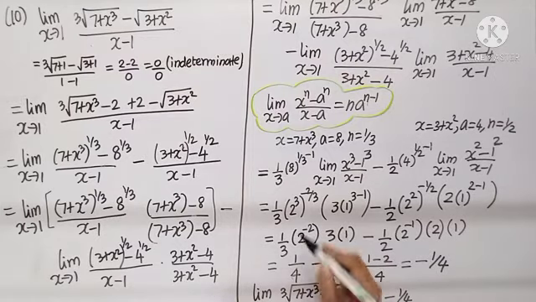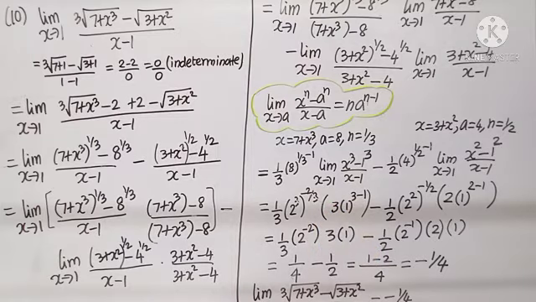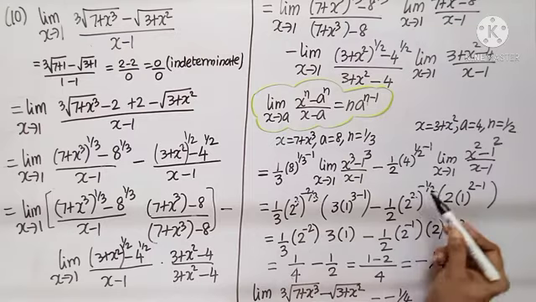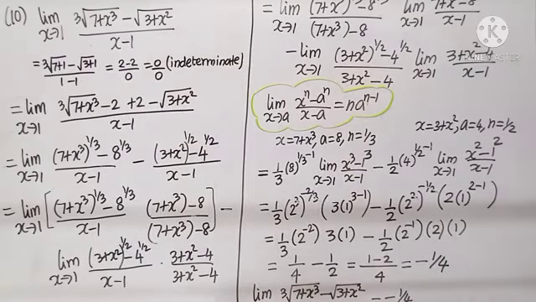As we simplify, here 3 and 3 will get cancelled. Here 2 and 2 will get cancelled. We are left with 2 power minus 2. 1 power number is 1 only. Here 2 power minus 1. 1 power number is 1 only. Again, I can cancel 3 and 3. I can cancel 2 and 2.